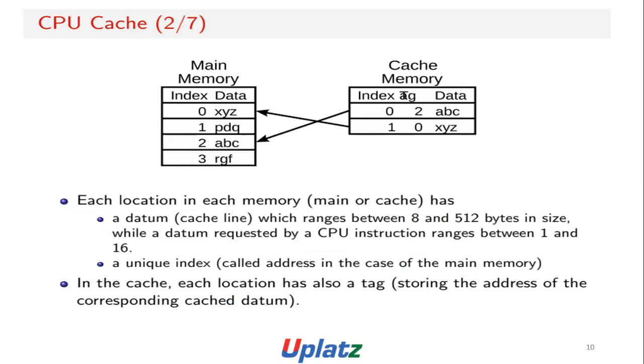Each location in each memory, main or cache, has a datum, and a cache line ranges from 8 to 512 bytes in size, while a datum requested by a CPU instruction ranges from 1 to 16 bytes. Each location has a unique index called an address in the case of the main memory.